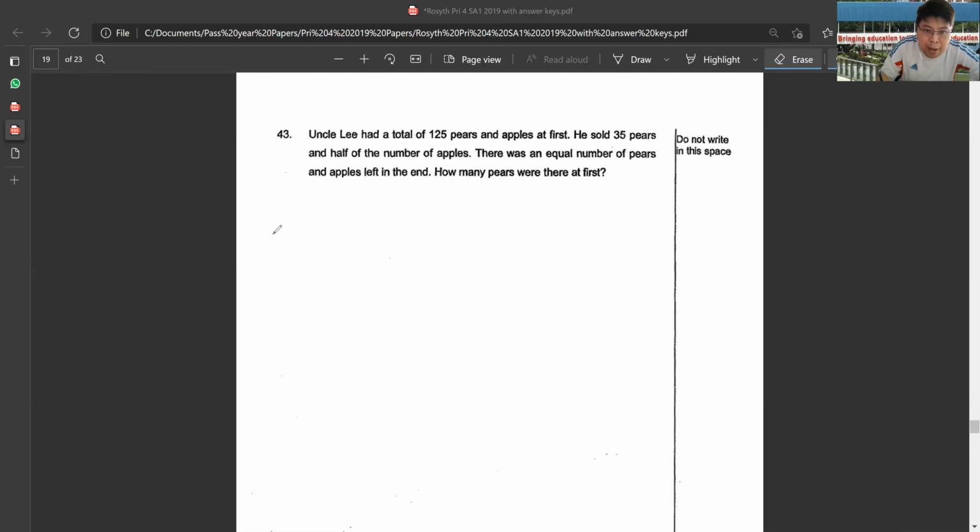So this one, same thing, pears and apples, before and after. You draw the before and after.